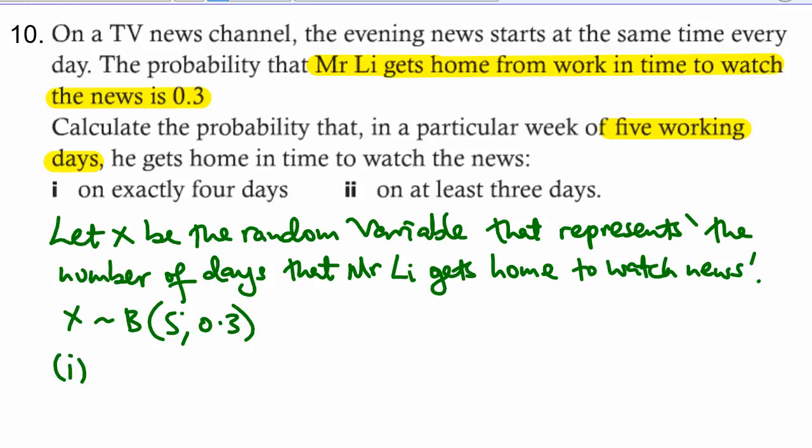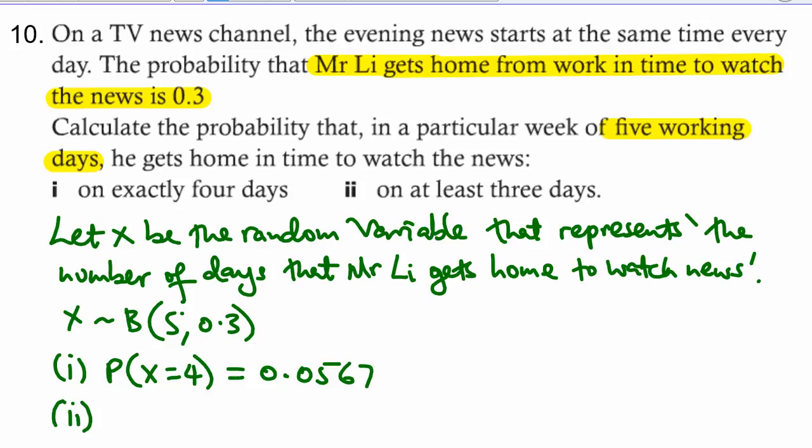Once you have that, you can go ahead and work out the first one: the probability he watches the news on exactly 4 days. By now you know how to plug this into your calculator, so I won't show you that. You can do it by yourself. You should be able to come up with the answer 0.567.